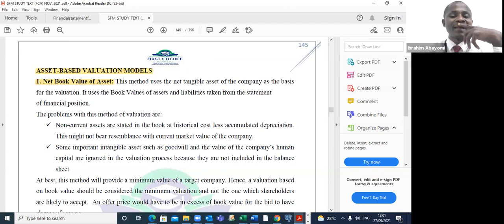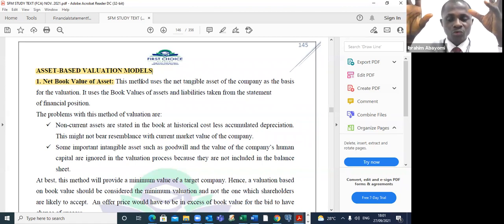And what does asset-based approach mean? The asset-based approach to business valuation is where you are using the asset of the company as the basis of determining the worth of the company.